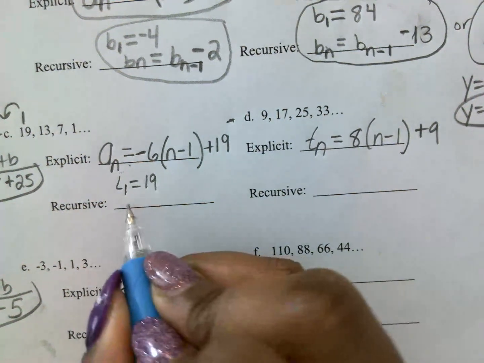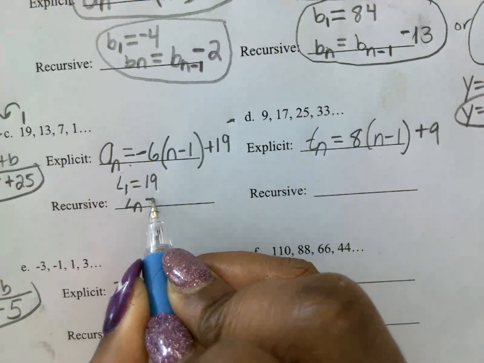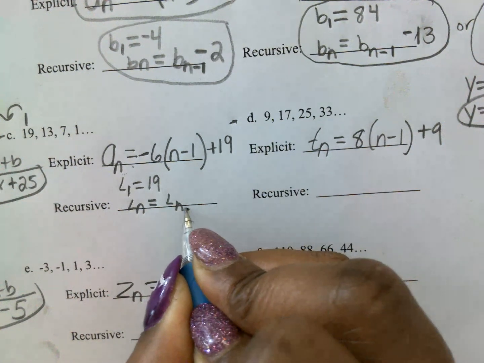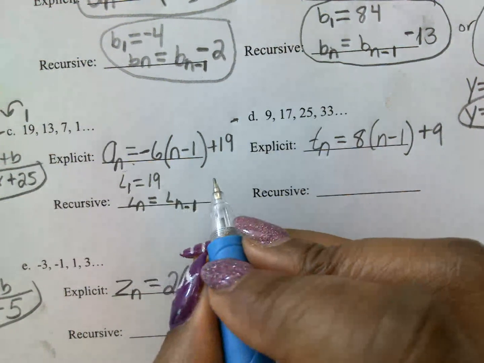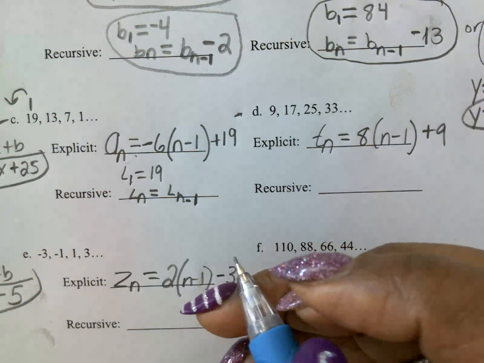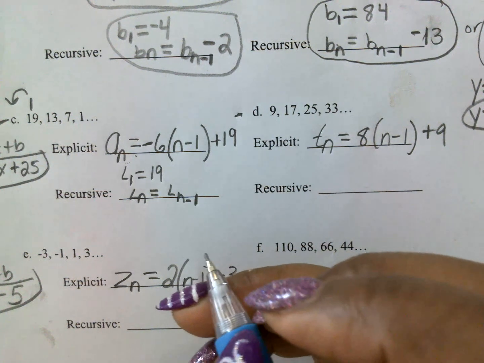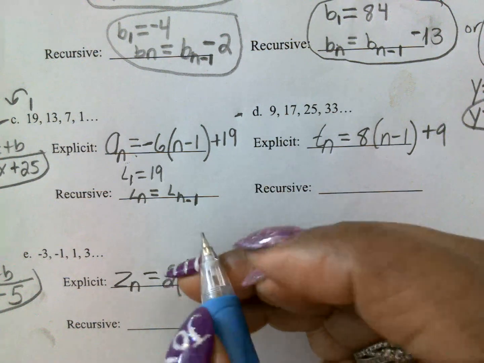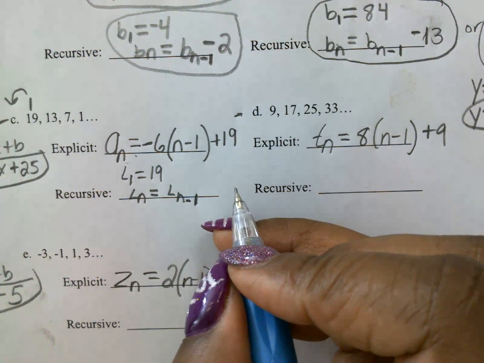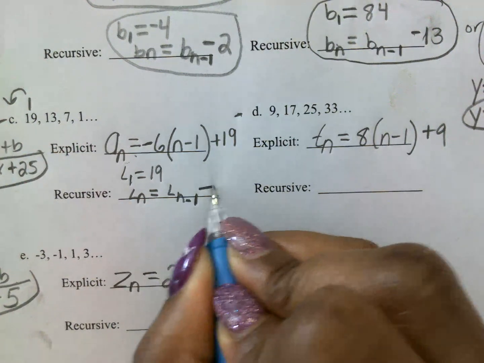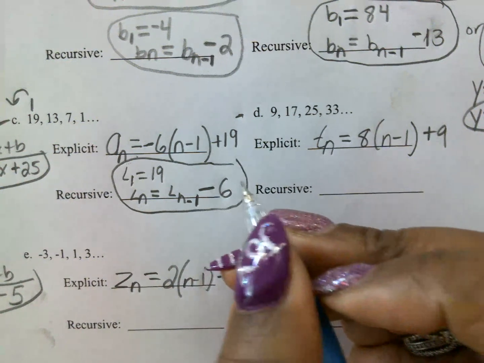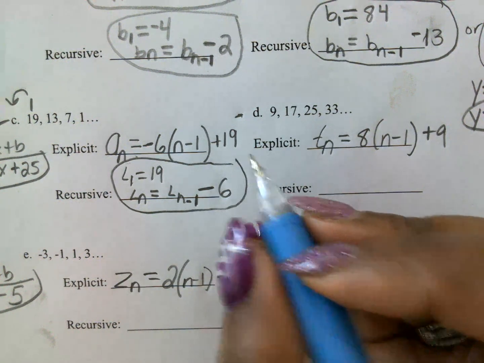Now we got L sub n is equal to L sub n minus 1. Any questions about that? I'm saying n minus 1 because I'm not giving the 0 number. I'm giving the first. Now, what am I going to do every single time to get the next number? Subtract 6. So I'm going to say minus 6. This is a recursive formula. I'm subtracting 6 every single time.